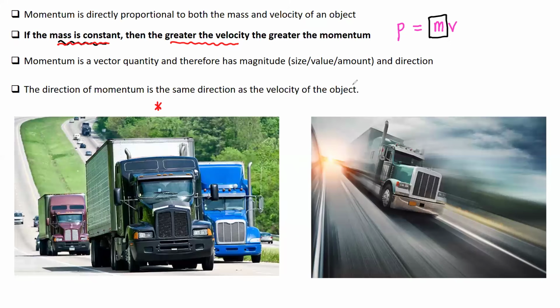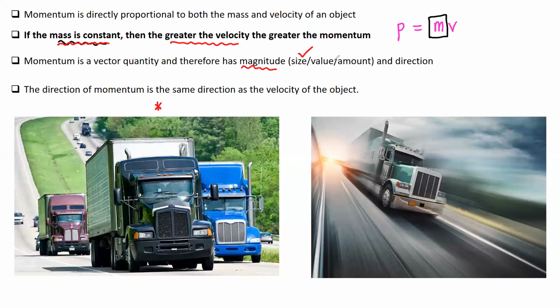Further on, momentum is a vector quantity. In physics, when you say a quantity is a vector, you are saying that quantity is described in terms of its magnitude and direction. So when I say vector, I must talk about the magnitude.